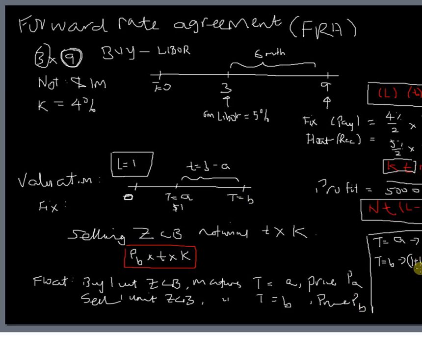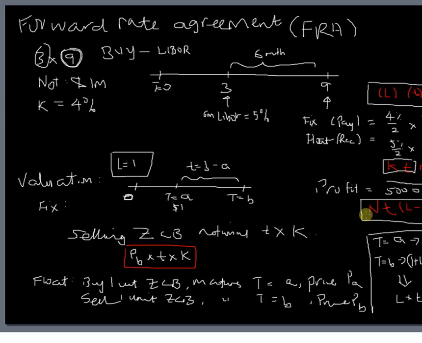The second zero coupon bond matures at B, and we can use this $1 to knock off against the $1 for the second zero coupon bond, which means that what remains is basically L times T. I missed out T here.